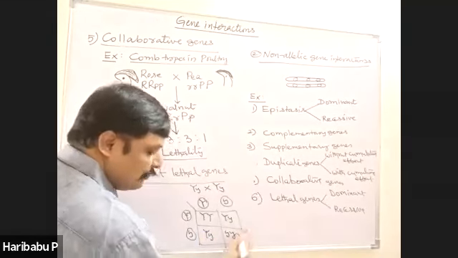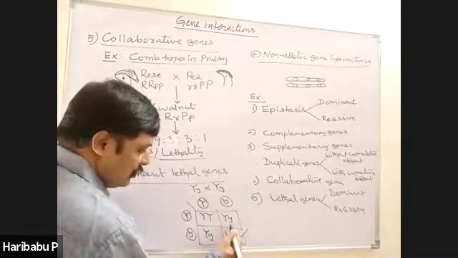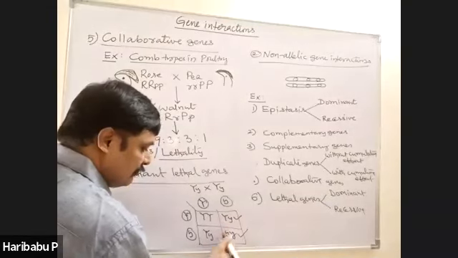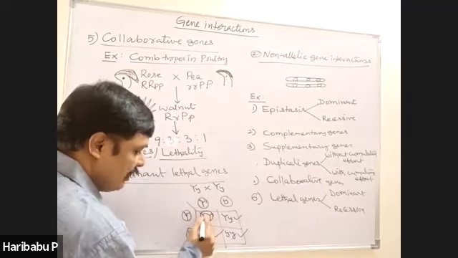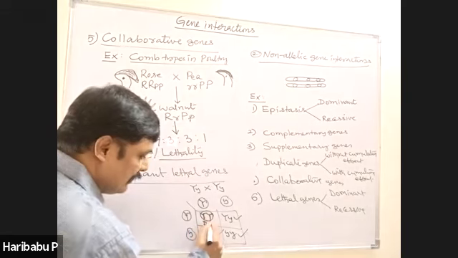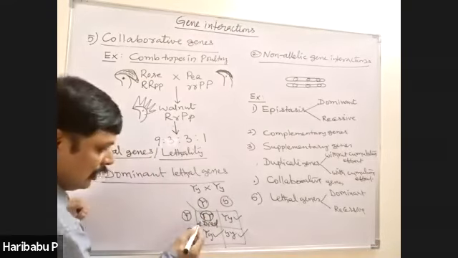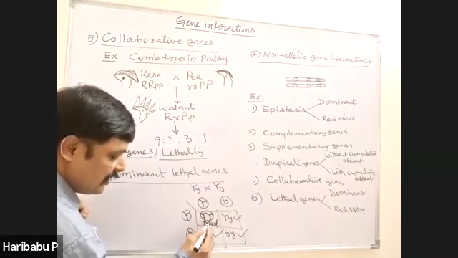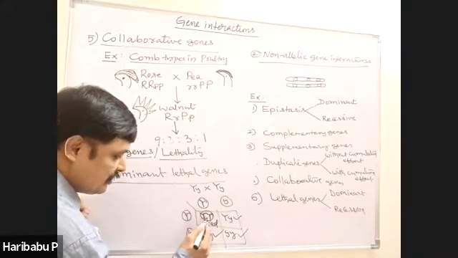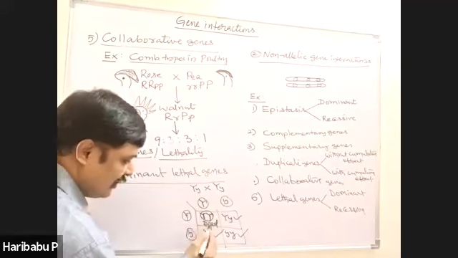The homozygous recessive will survive. Heterozygous survive. But the organism with this combination of genes died due to dominant genes in homozygous condition.